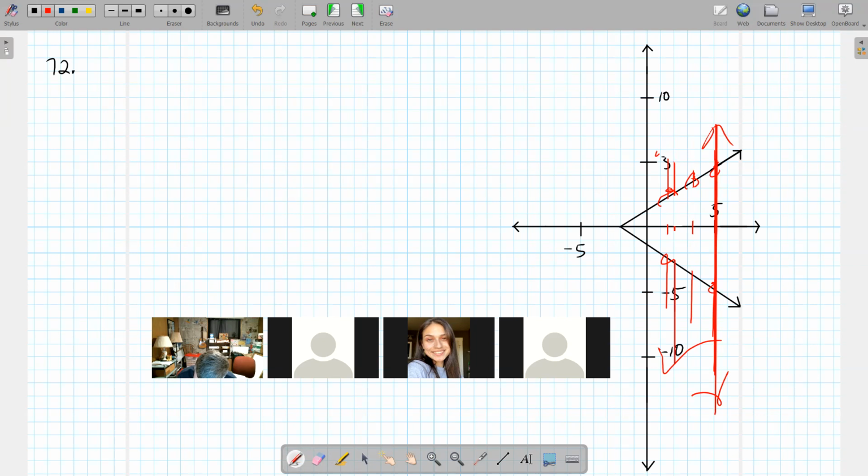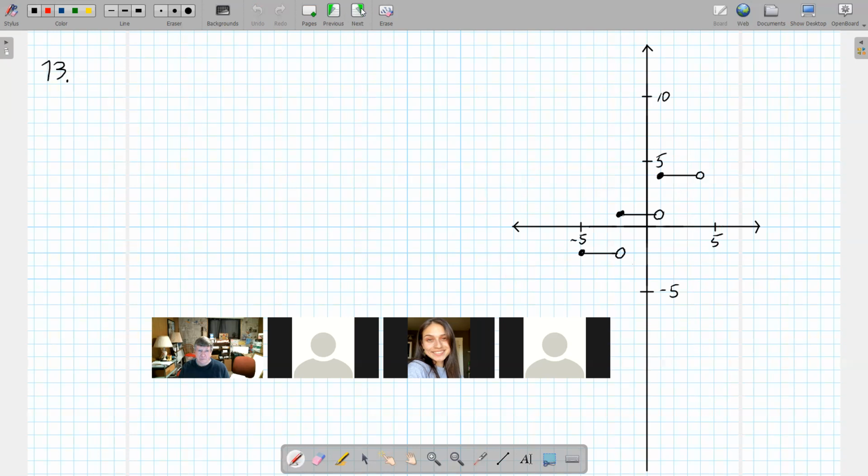So here we have the point (5, 5). Down here we have the point (5, -5). Oh, we've got one input going to two different outputs. When x is 5, y is 5. When x is 5, y is -5. So this is not a function. It violates the vertical line test, is what we say.